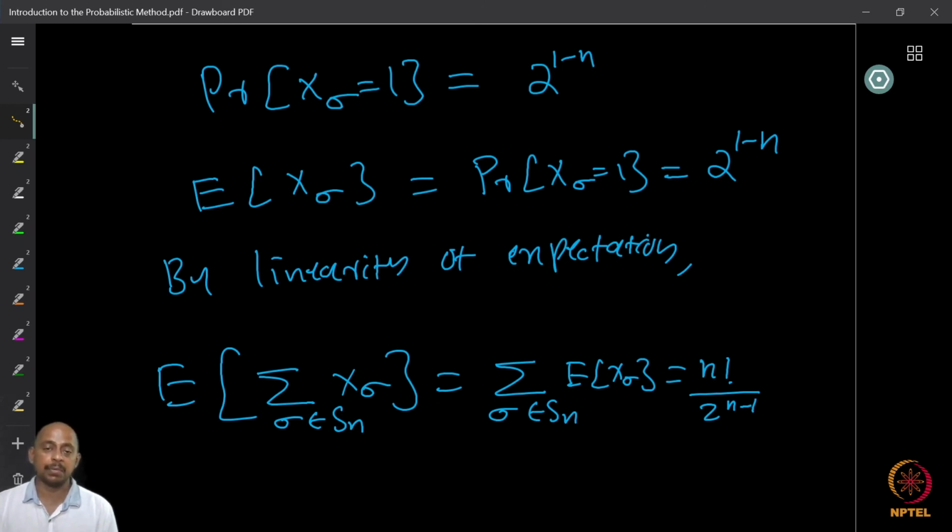And that is the proof. Since the expected number of Hamiltonian paths is n factorial by 2 raised to n minus 1, there should be some tournament where the number of Hamiltonian paths is at least this many.